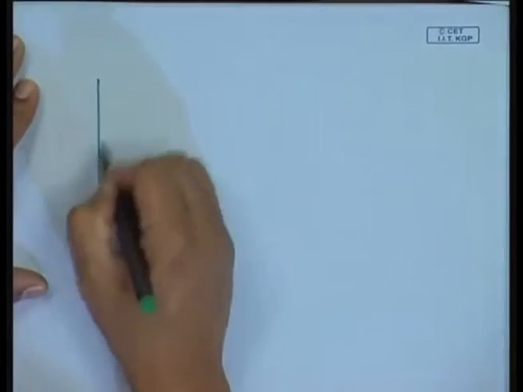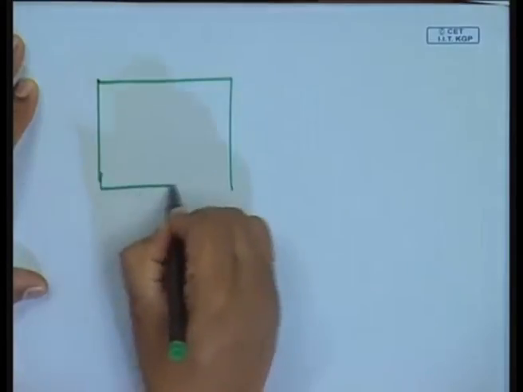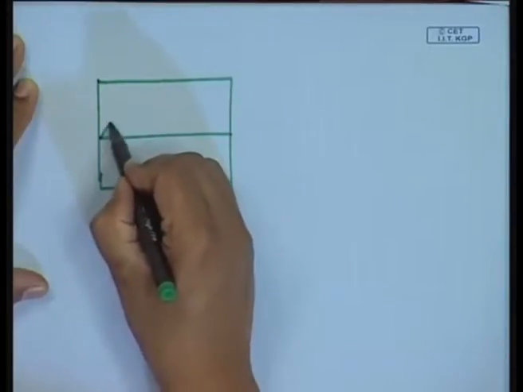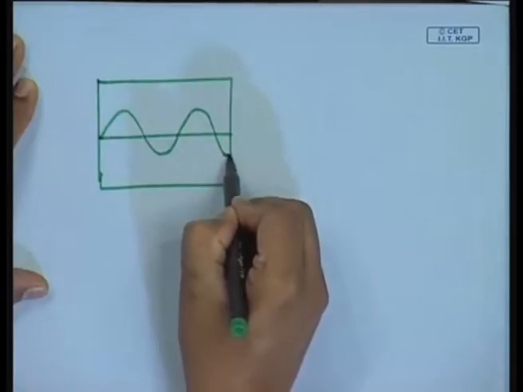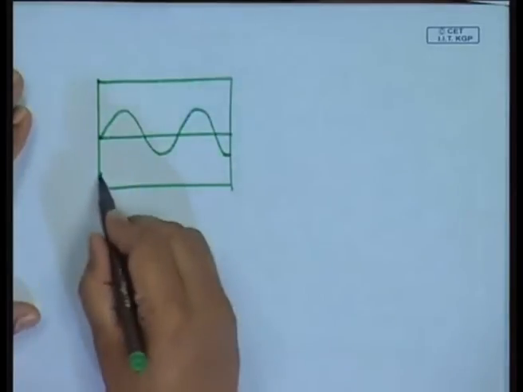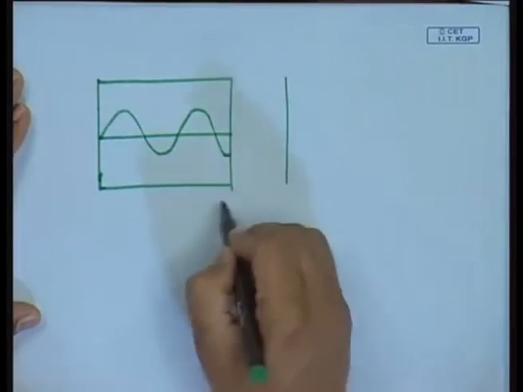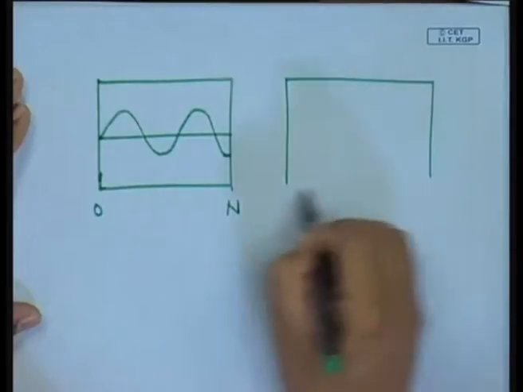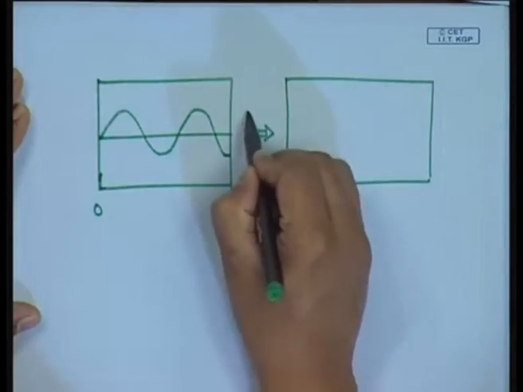For example, let us take the case of a sine wave. For clarity, I am drawing all the lines. This is contained in such blocks of data, and then I am doing an FFT.